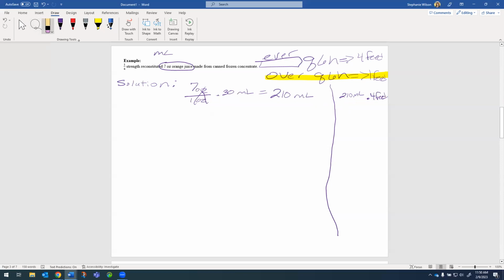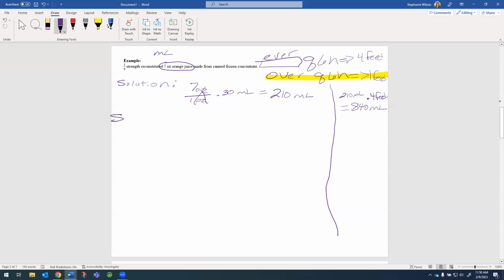That's terrible writing. There we go. So now I have 210 times 4, right? And that's going to tell me a total of 840 milliliters. So see the difference? The other one is just 1 feeding. We're spreading it out over a period of time. This other one is 4 feedings. We're going to do it every 6 hours.